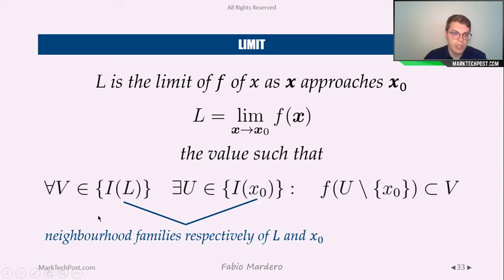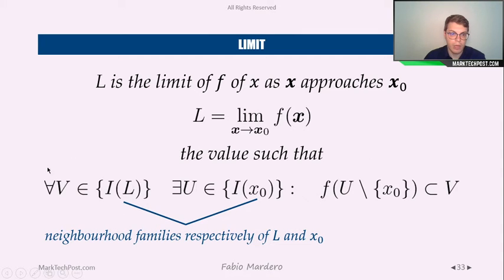We say that for each neighborhood V of L that we choose, there exists one neighborhood U of x0 such that f of U, in which we don't consider x0, the image of U through f, will be a subset of V. Basically, the points inside the neighborhood of x0 are mapped inside V thanks to f.